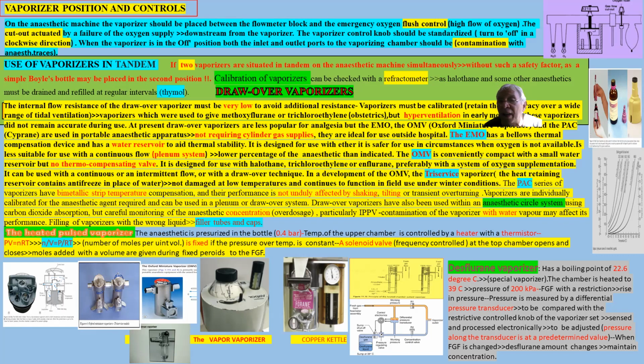So this is the idea about the automated desflurane vaporizer, which must be adjusted whenever I reach high pressure atmosphere or low pressure atmosphere. This is a hint. I hope that I succeeded.